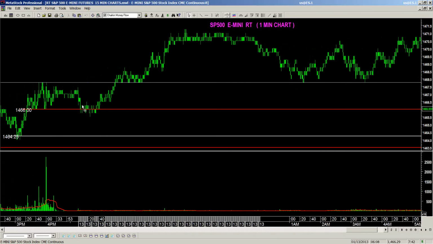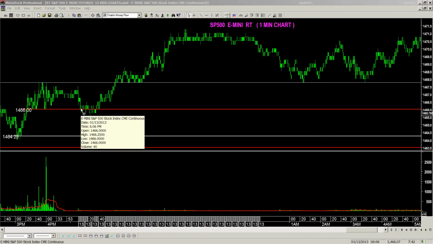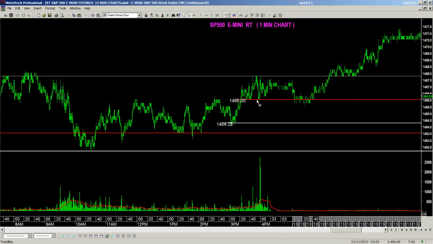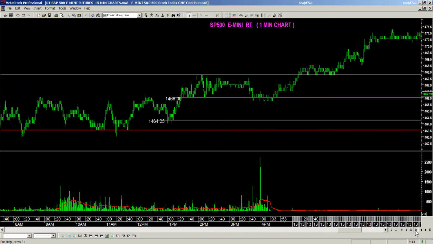The reason why this level was chosen at 1466 is because here we have the divided difference between closes and opens, but this is really where our attention is focused here, by these data points.